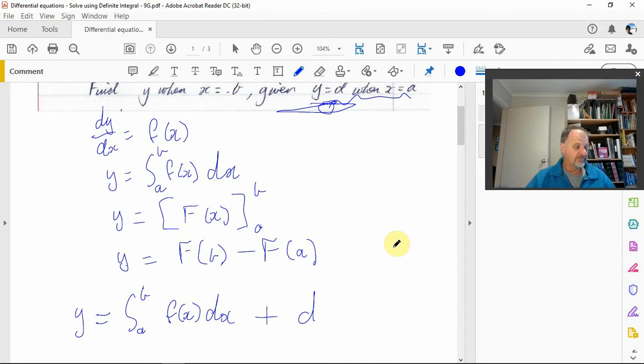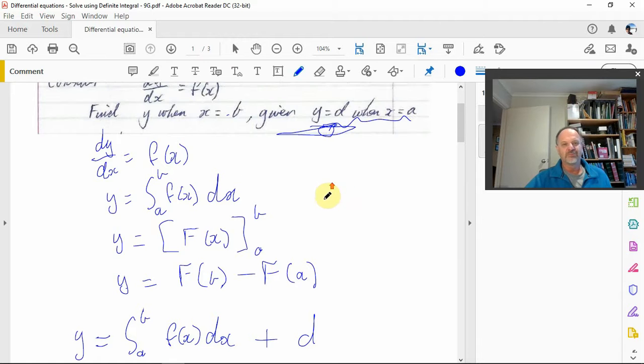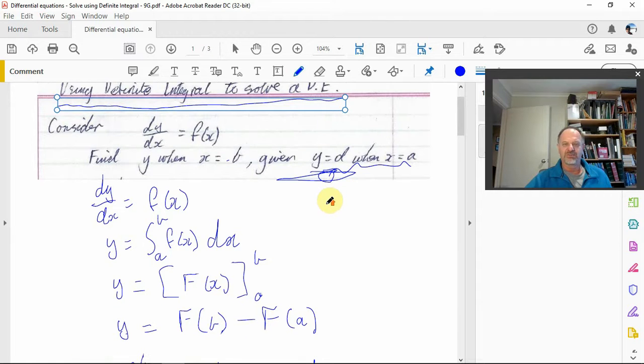All right, so that's kind of the gist of it. There's a whole bunch of different ways that can be explained, but that's how I think of it: we want to know what the new y value is when x is b.